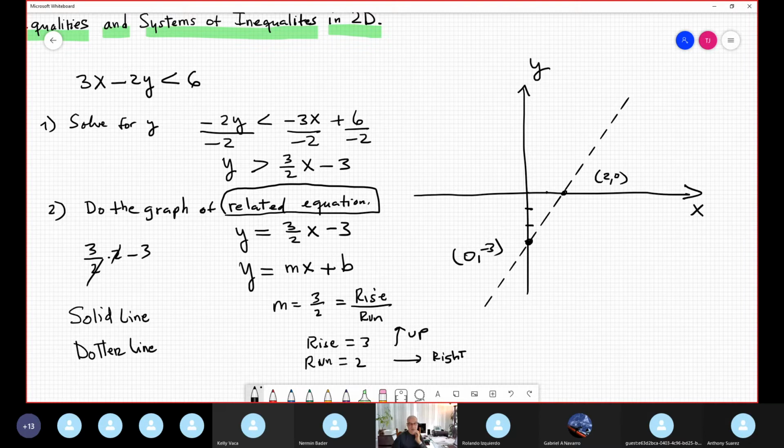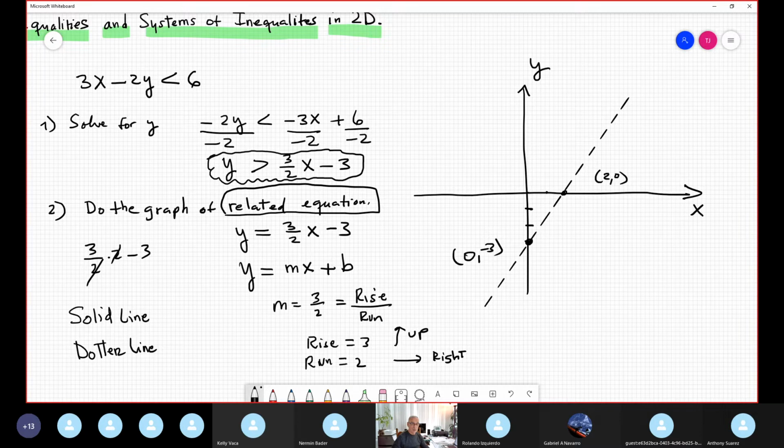And this line splits the plane into semi-planes. We have two possibilities: the semi-plane above or the semi-plane below the line. There are many ways to determine this. Using that symbol, you see my problem. After you solve for y, this is important, guys.